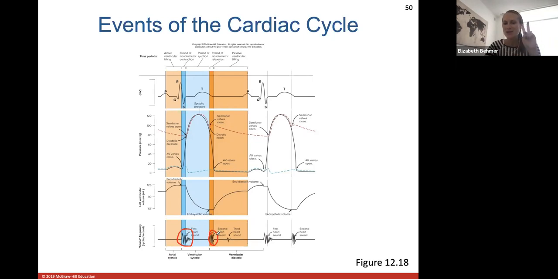These heart sounds make up the lub-dub, lub-dub. When your doctor or nurse is listening with the stethoscope, they're making sure that these valves are closing all the way. If these valves aren't closing all the way, your ventricles can't build up the pressure they need to fully eject the blood that's in them.